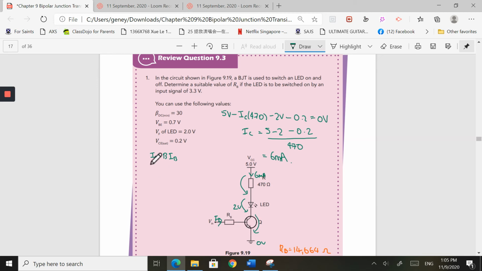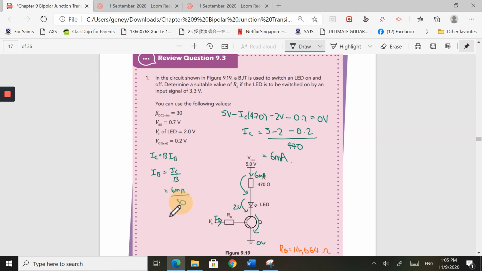So I can find now what my base current is, which is IC divided by beta. IC is 6 milliamps and the beta value given is 30.